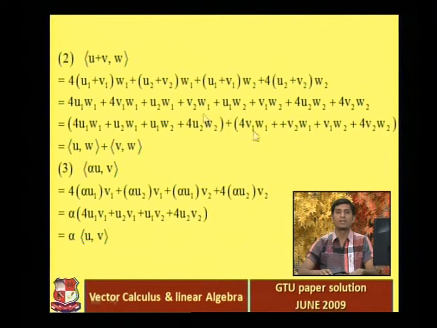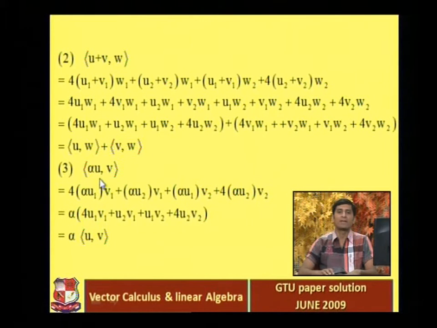Some of the terms can be grouped in this manner: in the first bracket, 4u1w1 + u2w1 + u1w2 + 4u2w2, plus 4v1w1 + v2w1 + v1w2 + 4v2w2. That can be expressed as ⟨u, w⟩ + ⟨v, w⟩. So easily we can check that ⟨u + v, w⟩ = ⟨u, w⟩ + ⟨v, w⟩.